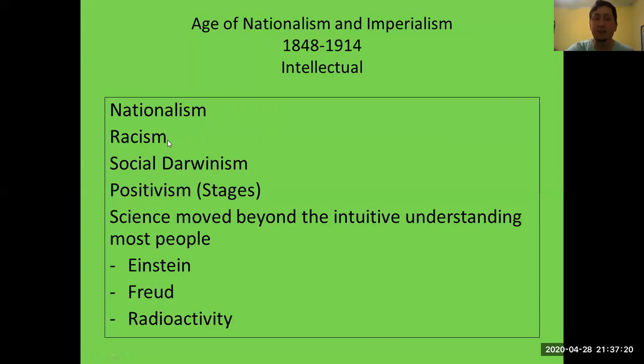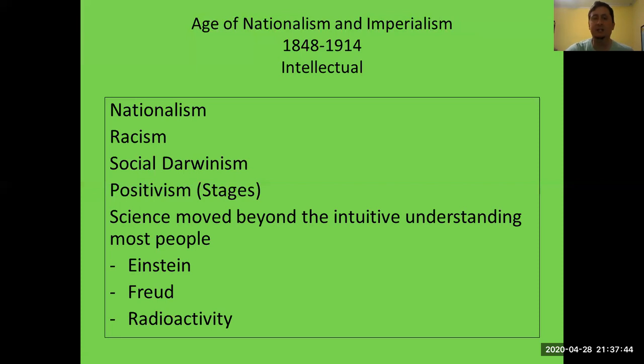You got racism. Remember that racial ideas in the 19th century are very different from our own ideas of race. Race in the 19th century didn't just mean something that was based on color. It meant the Irish race, the English race, the Scottish race, the French race.